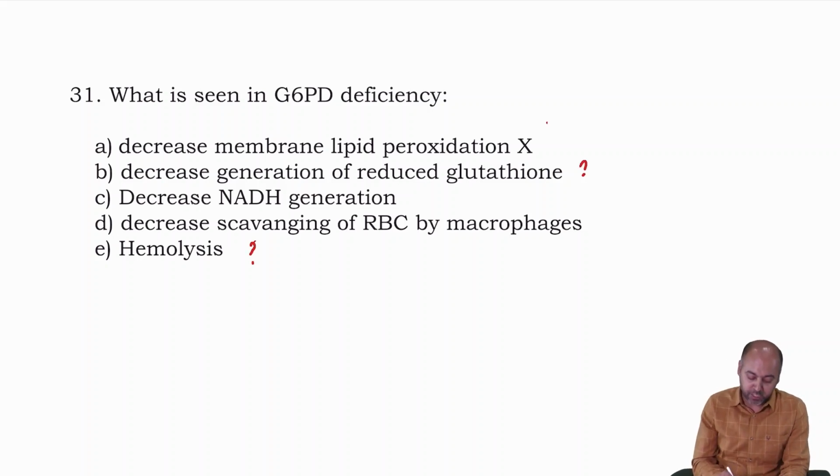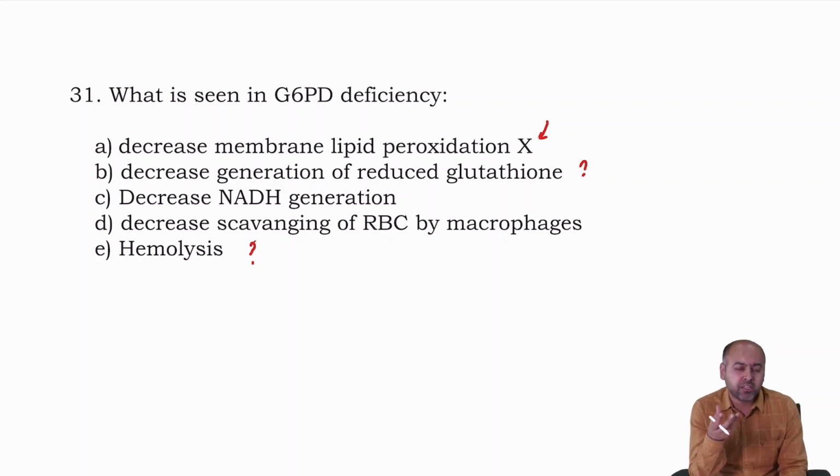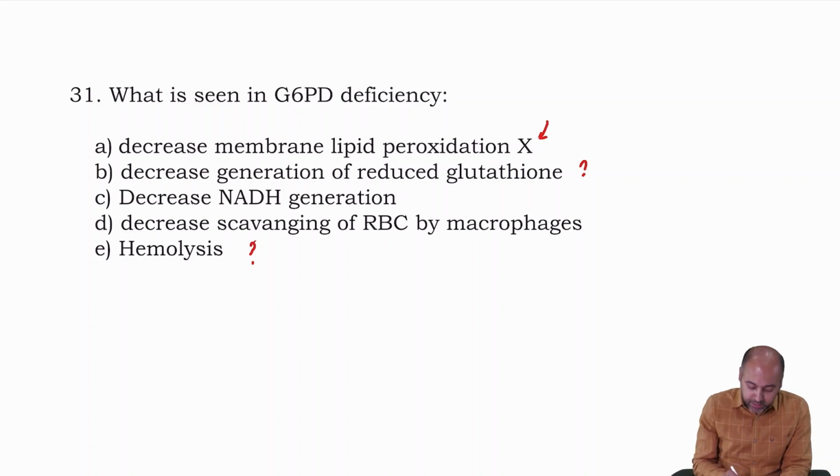Please note, decreased membrane lipid peroxidation, not really, because the NADPH and glutathione are mainly preventing the protein oxidation, you can say, and they are acting on the peroxides, so they are not lipid soluble antioxidants per se. There the better role of vitamin E is there. Decreased NADH generation, no. Decreased NADPH generation is there.